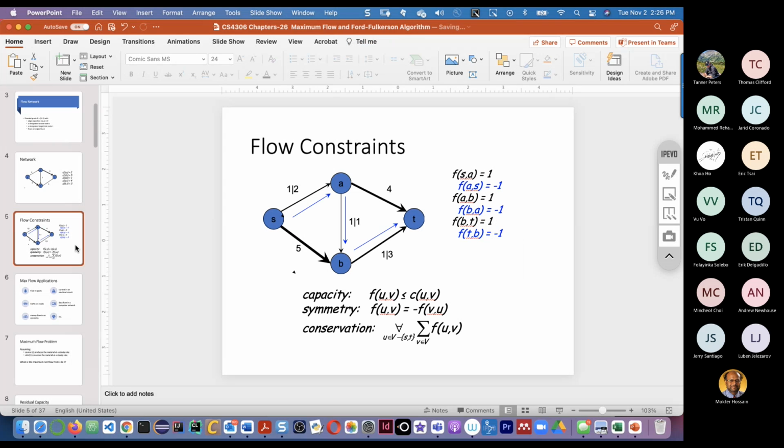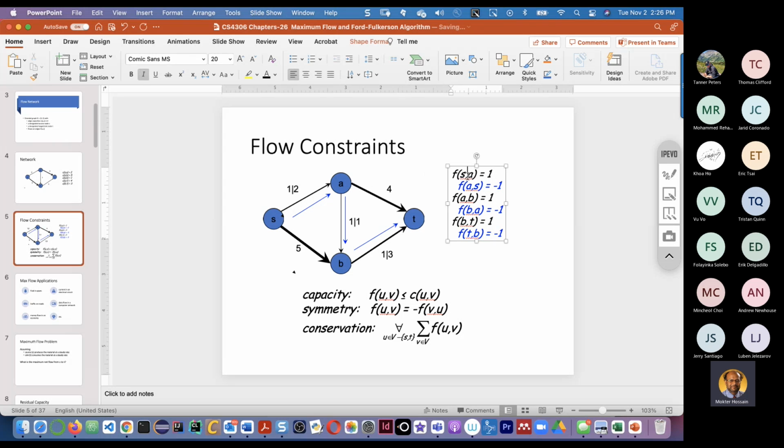Now, let us write the flow constraints. From S to A, if we pass 1 unit, then f of A to S will be negative 1 unit.